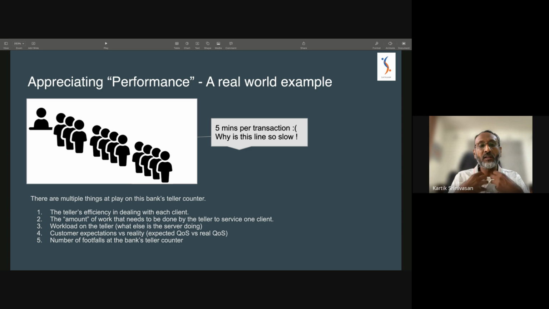These are all the bits of data that I, as the developer of the software, or the bank manager, or the IRCTC counter manager at the IRCTC booking counter at the railway station, need to have in my hand to be able to make the right decisions.